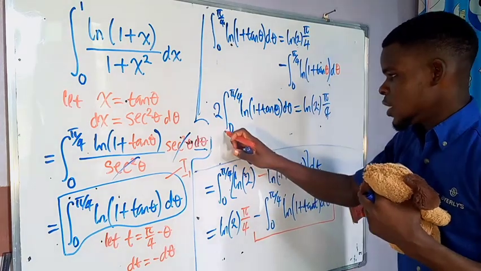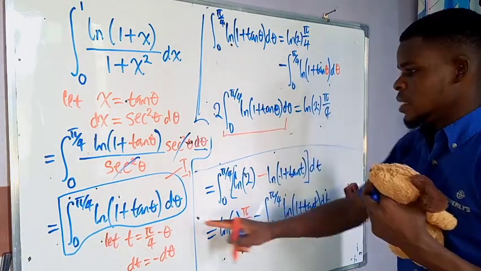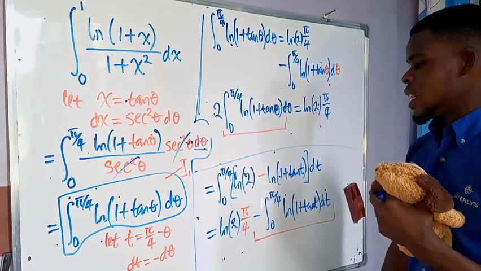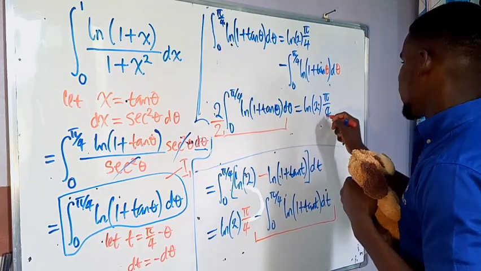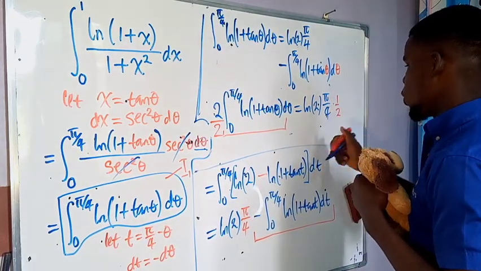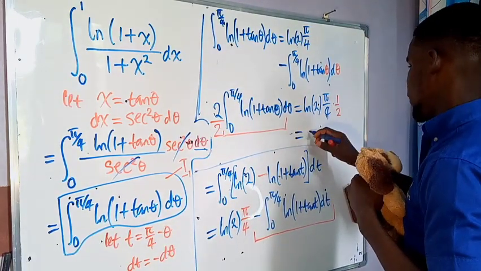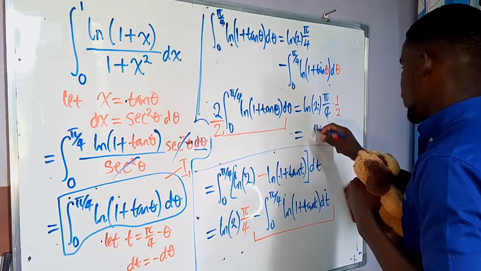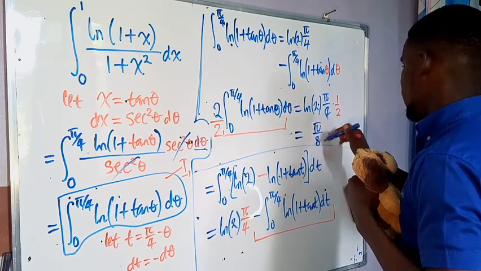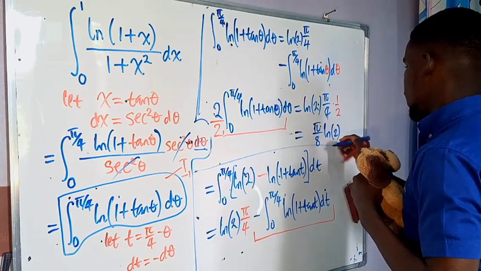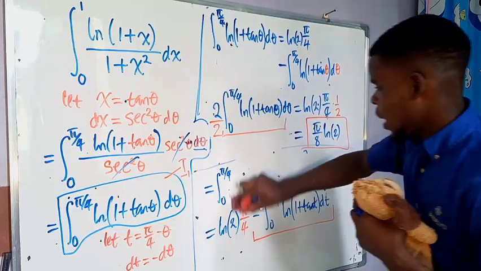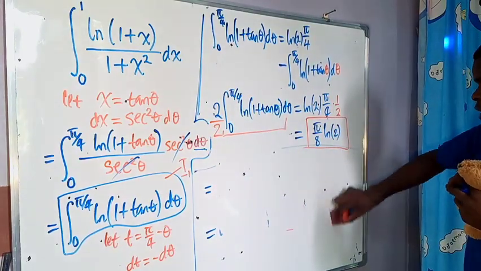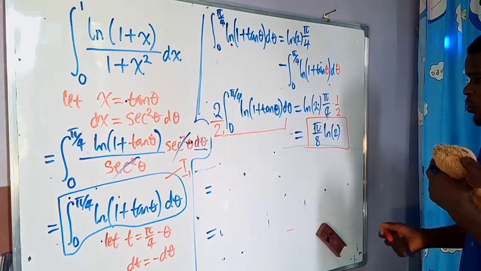So to achieve this integral, that is the I part, we need to divide both sides by 2. So all in all, we are going to end up with pi over 8 times the natural logarithm of 2 as the result, just by dividing both sides by 2. All right, great.